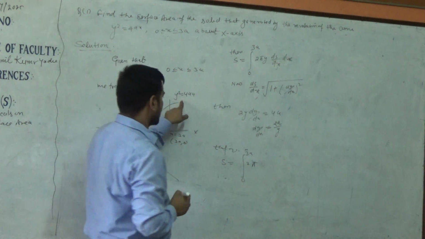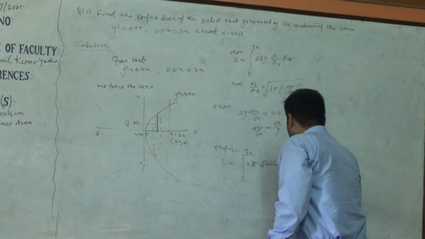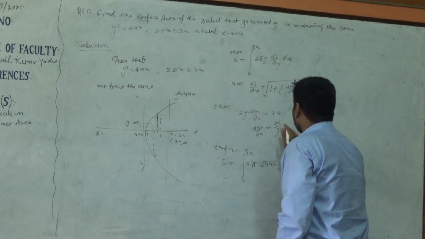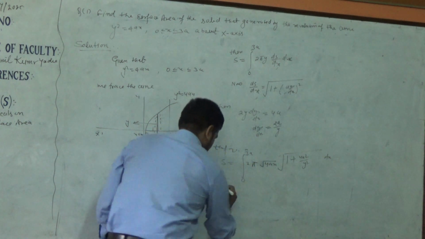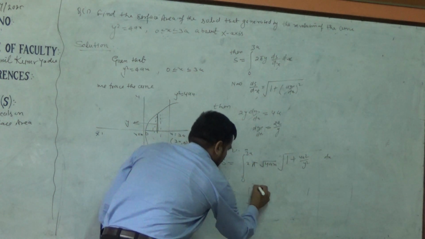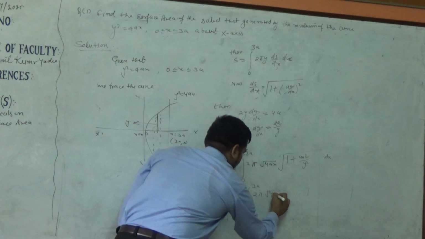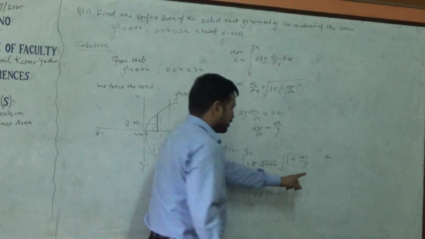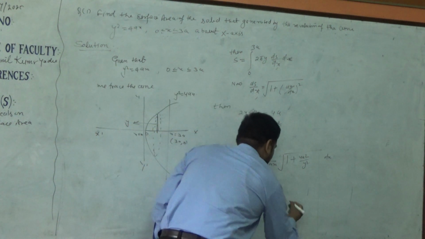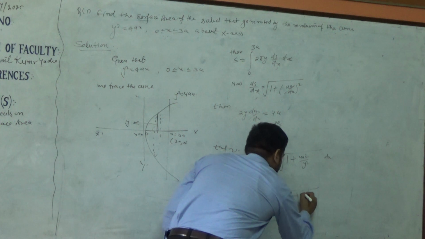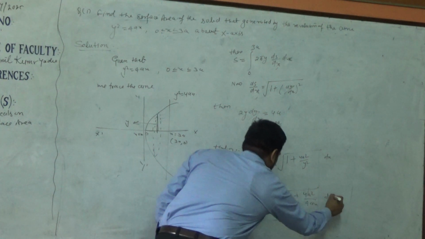The value of y is under root 4ax, and 1 plus (dy by dx) square means 1 plus 4a square upon y square, where y square is 4ax, into dx. Now we simplify.